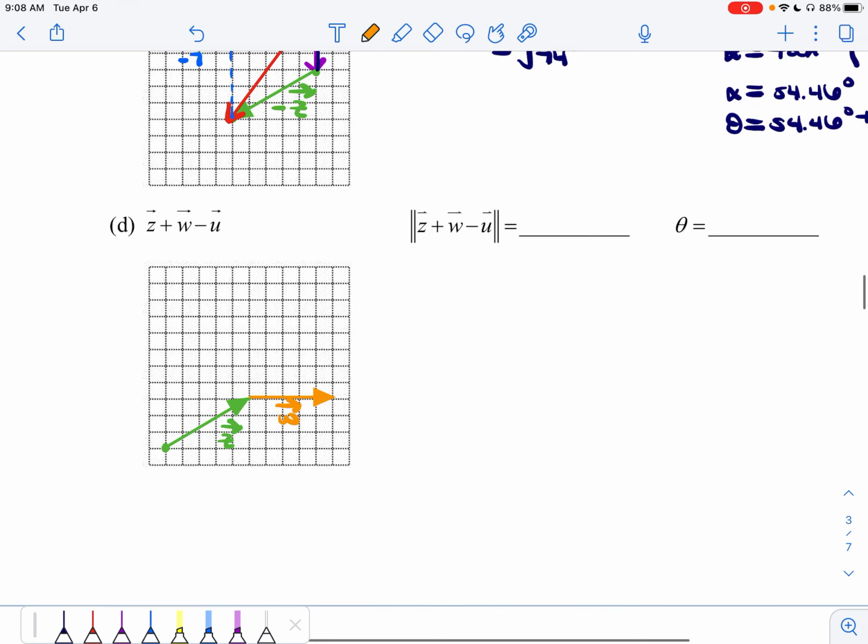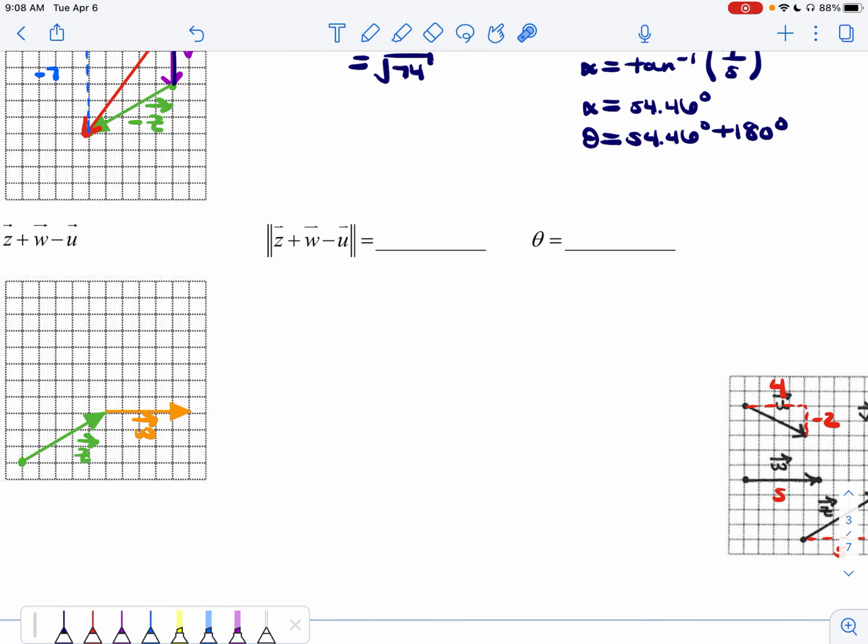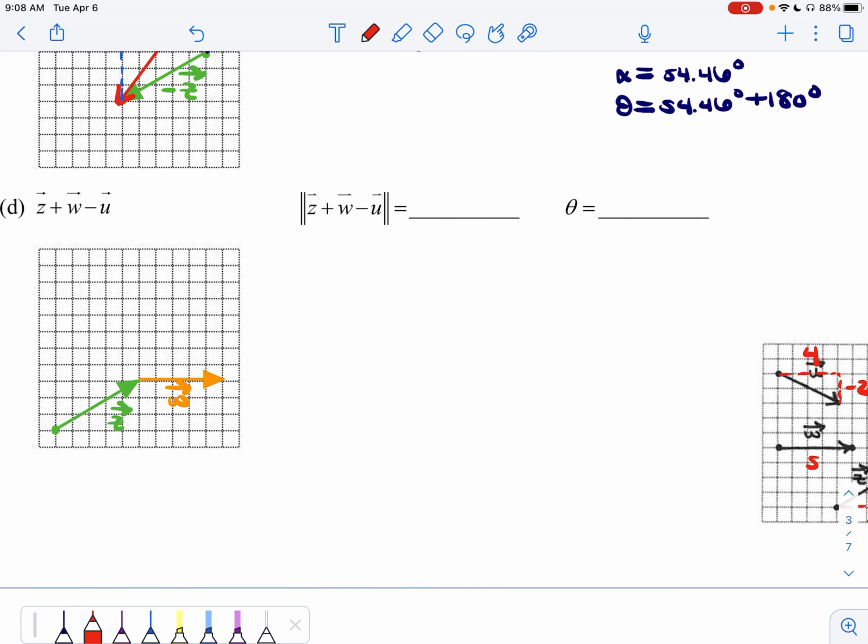Then we're subtracting u. Okay, so u goes 4 units right and 2 units down, which means negative u is going to go 4 units left and 2 units up. So 4 left, 2 up from the tip of w.